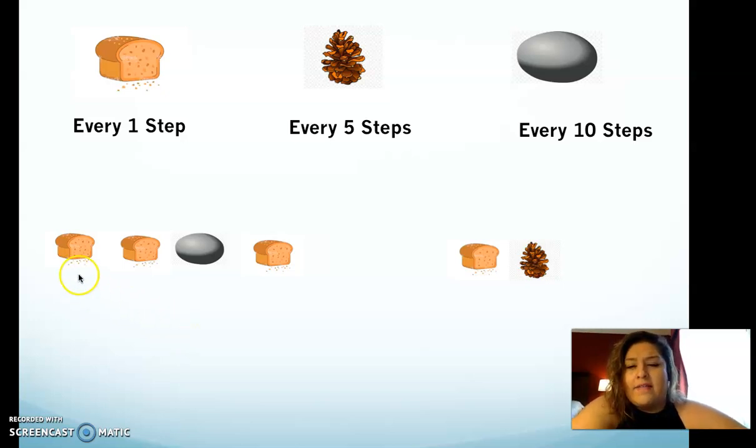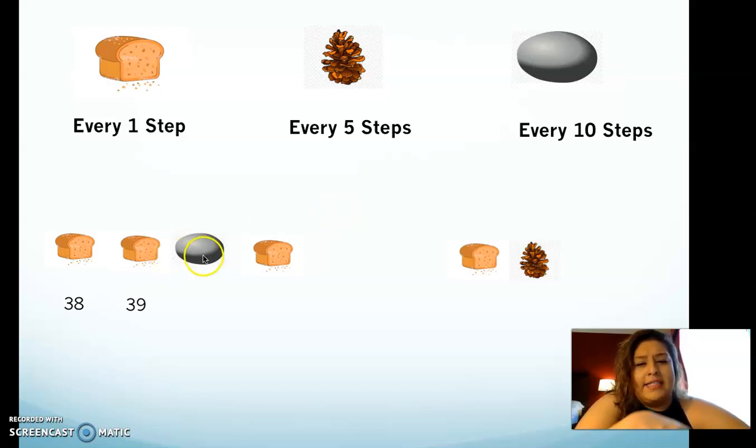I see that I have breadcrumb, pebble, breadcrumb, blank, blank, breadcrumb, acorn. Well, how can I figure that out? So my starting number is 38. And if I know that a breadcrumb is 1 step, what's 1 more than 38? Oh, 39. Now, I see a pebble here, so I must have taken 10 steps.